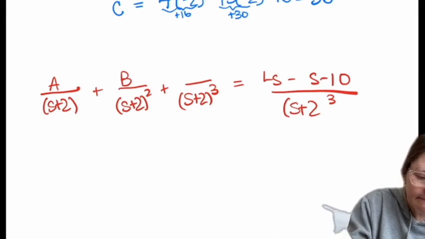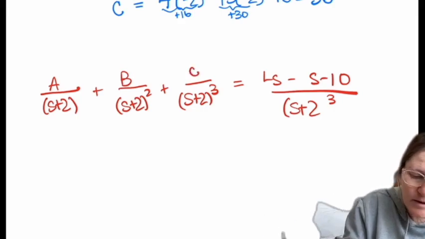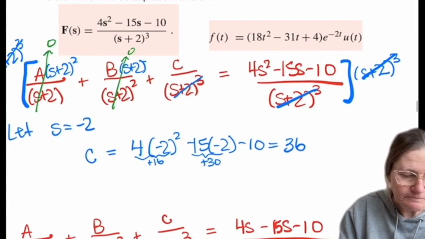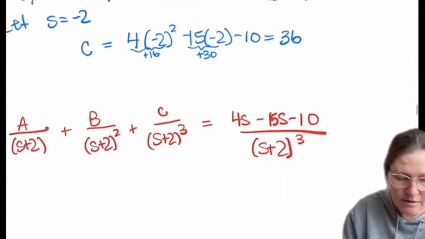What was this? 4s squared minus 15s minus 10.